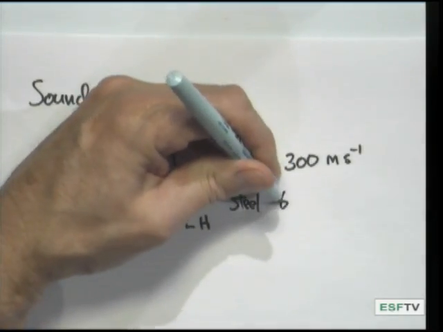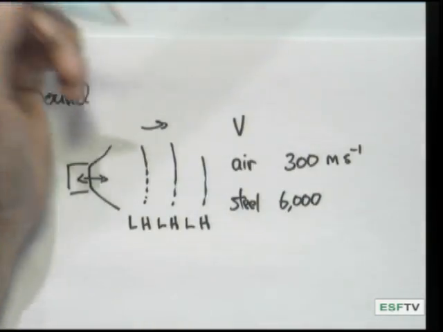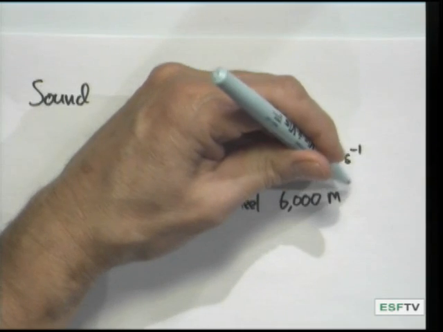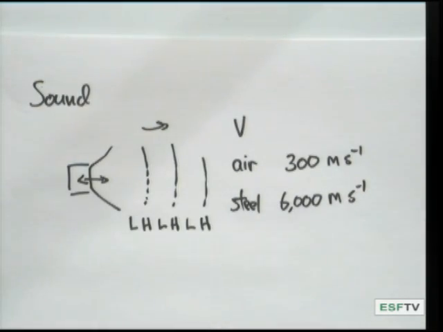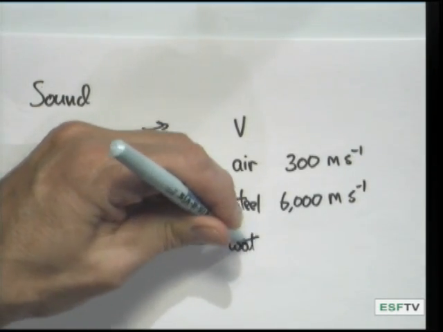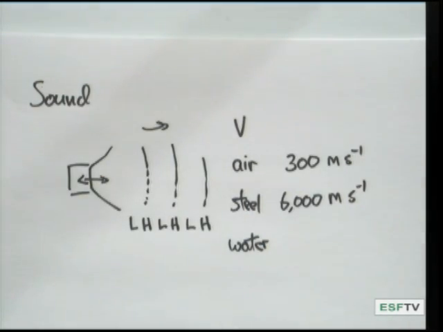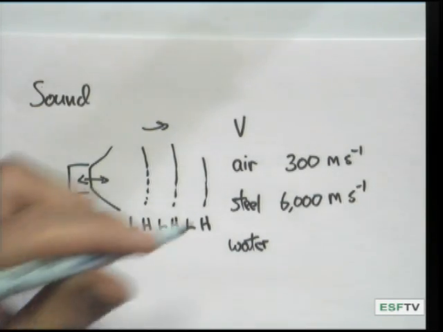The speed of sound in steel, for example, is on the order of about 6,000 meters per second or so. And of course, sound can propagate in water as well, and water is a bit less of an elastic medium than steel, but more elastic than air.